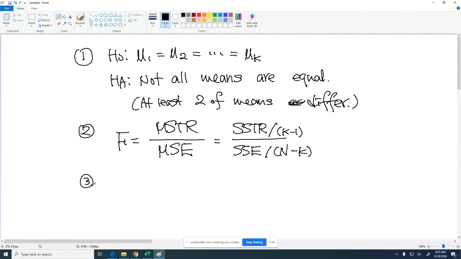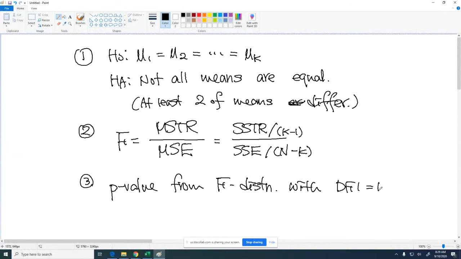And we can take the p-value from the F distribution with df1 equal to k minus 1 and df2 equal to big N minus k.